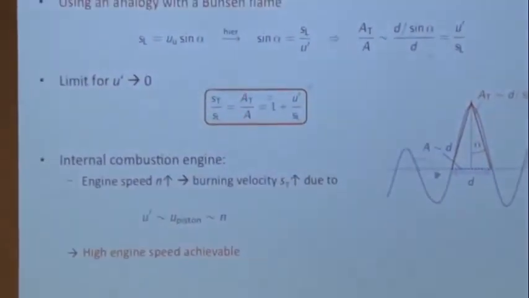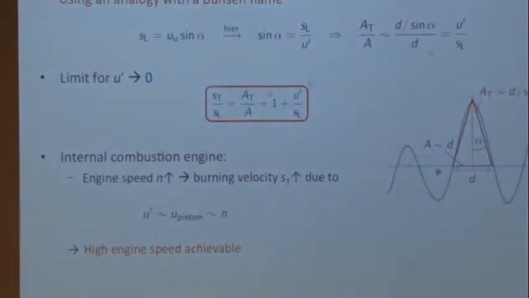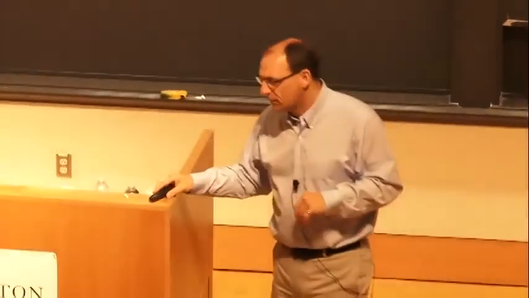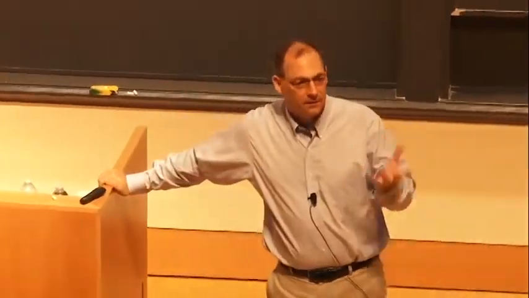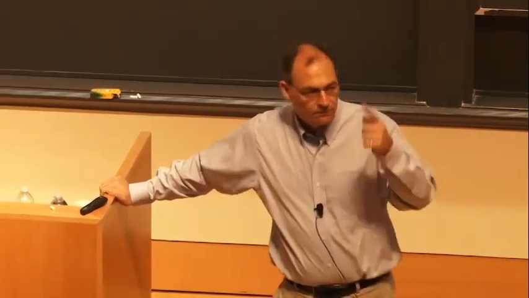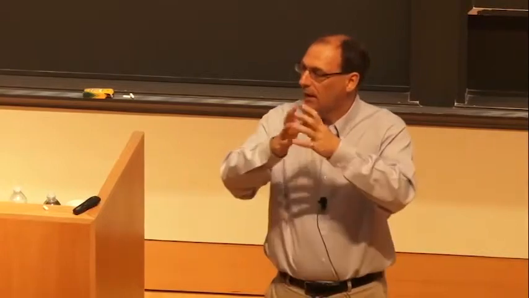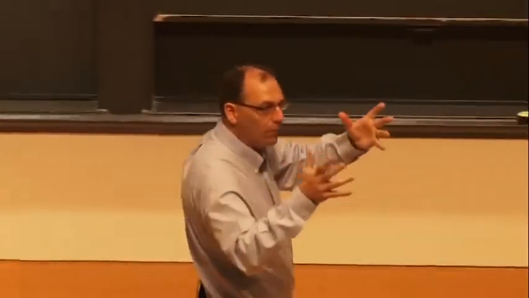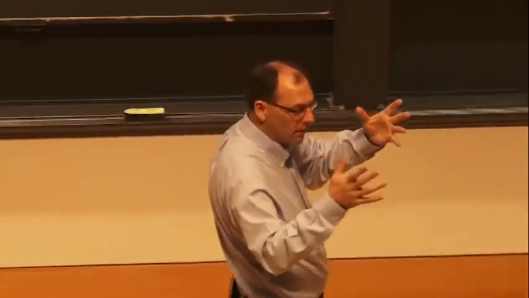This is interesting because you could think, if you take the opportunity, how does a piston engine work? It works at very low speed, okay? At very low speed, I need a certain time for the whole mixture to burn out.